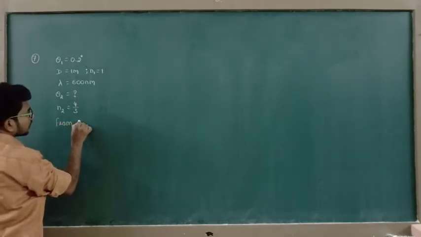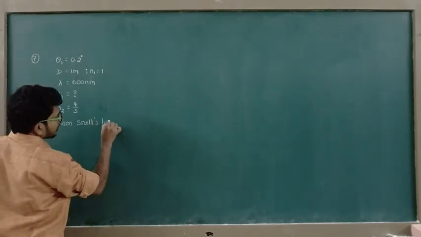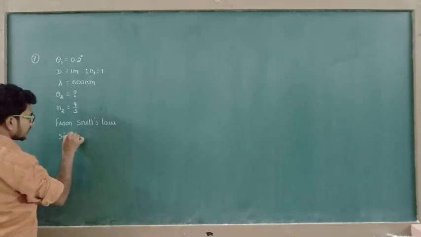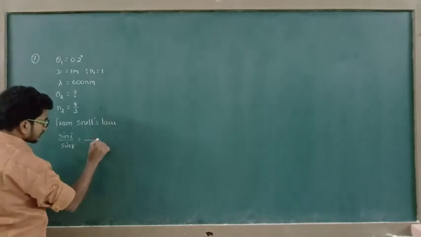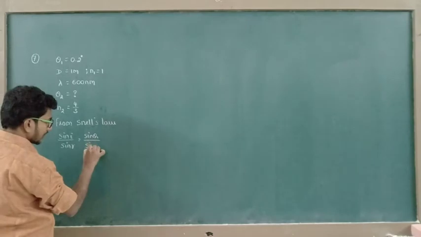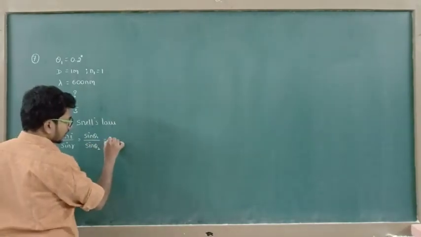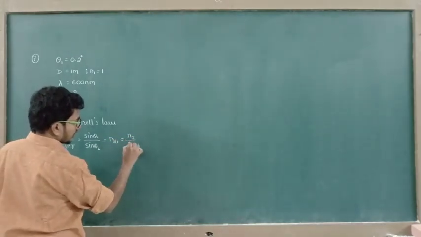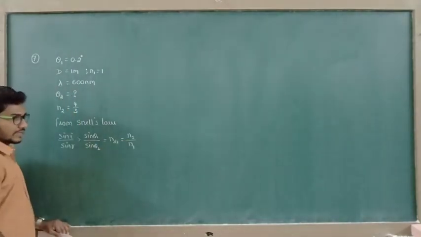From Snell's law, sin I divided by sin R. So instead of that I am going to consider sin theta 1 divided by sin theta 2. This is equal to constant n21, or this is equal to n2 divided by n1. Relative refractive index, absolute refractive index.